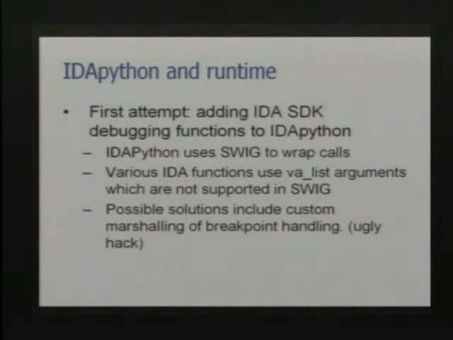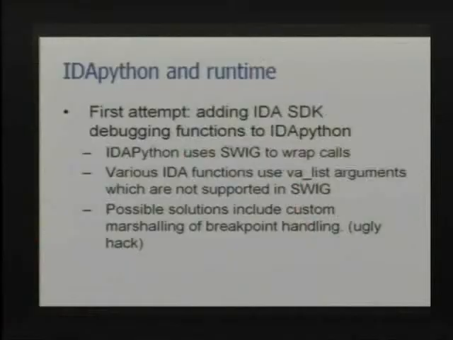So I wanted to use IDAPython, and I wanted to use a debugger with it. The first thing I tried was to extend IDAPython to be able to use the built-in IDA SDK debugger functions. I ran into a problem: IDAPython uses SWIG, and I don't know how many people have used SWIG, but it's basically like a wrapper generator. People use it for Ruby, for Python, for different kinds of stuff.